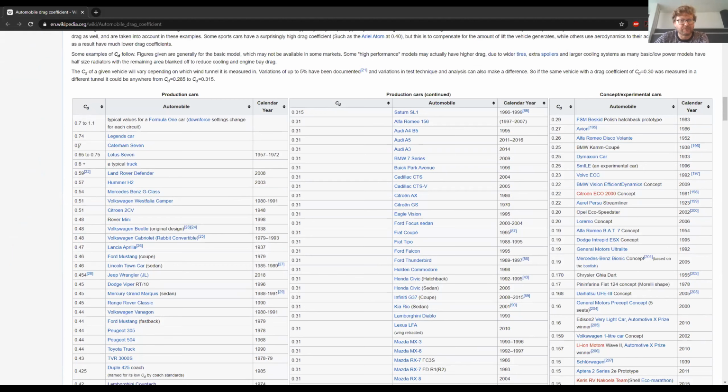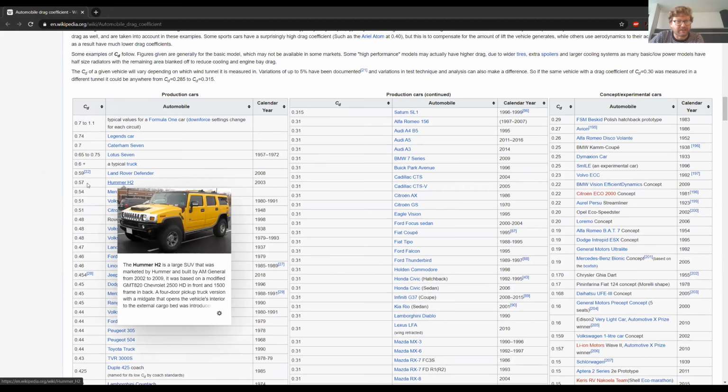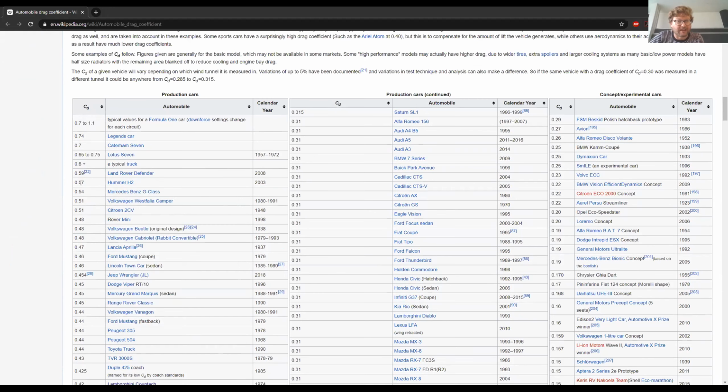Like very high drag coefficient, you see that here, for instance, a Hummer, one of these cars has a high drag coefficient, 0.57, and some sleek car, well, let's take here this Lamborghini Diablo, has only a 0.31 drag coefficient. And sometimes when you look in a newspaper ad for a new car, sometimes depending on the oil price, they make advertisements with a low drag coefficient.